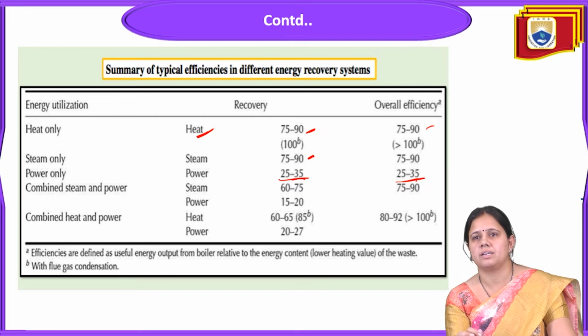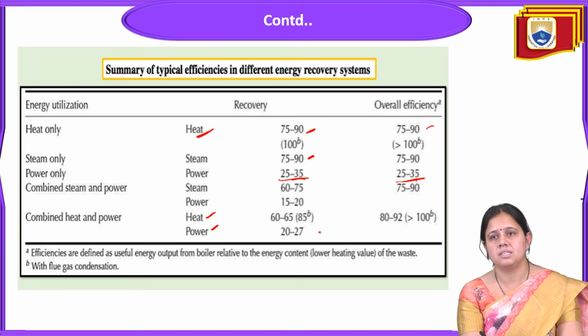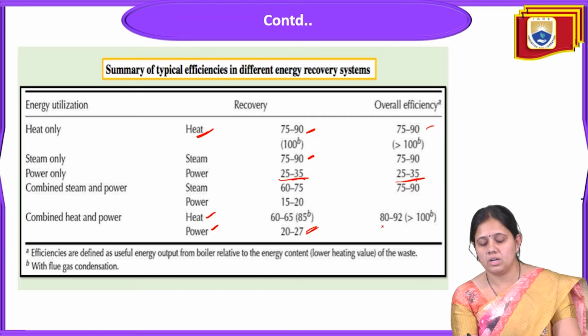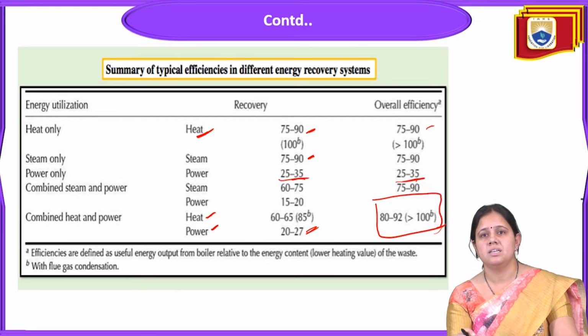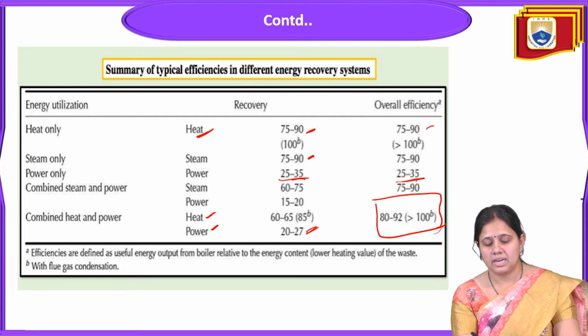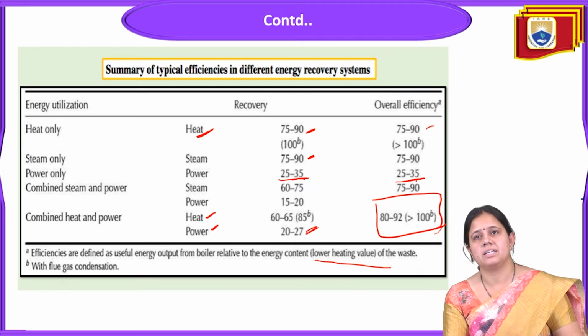Combined heat and power gives 80 to 92%, which can be more than 100% with flue gas condensation. Efficiencies are defined as useful energy output from the boiler relative to the energy content, the lower heating value, of the waste.